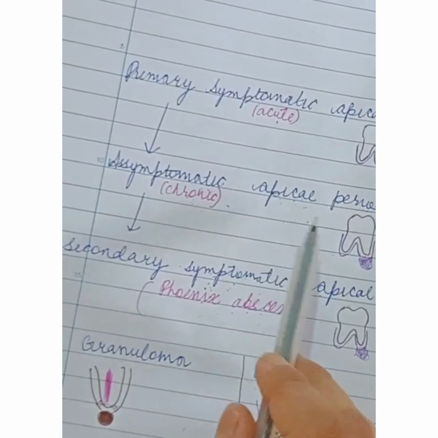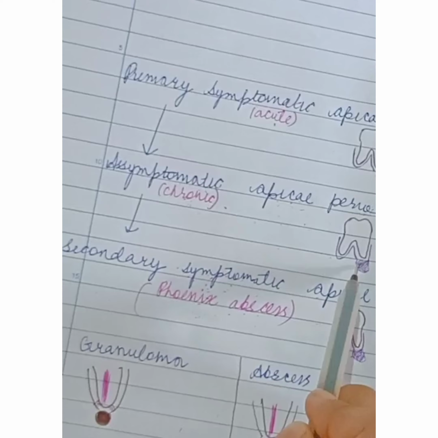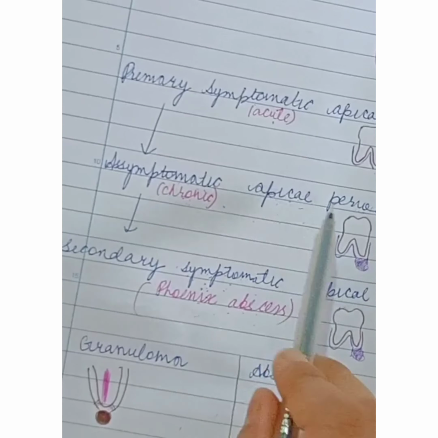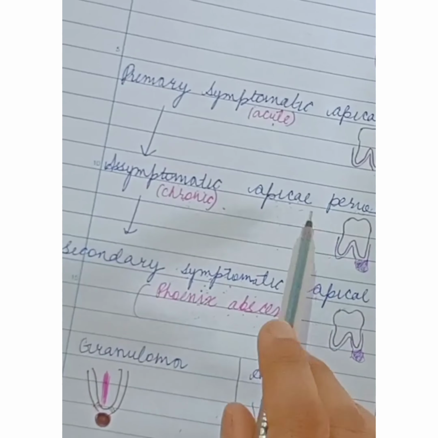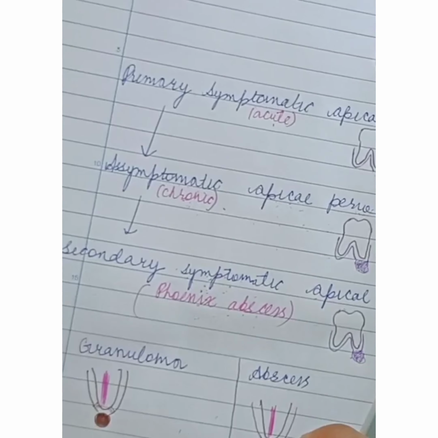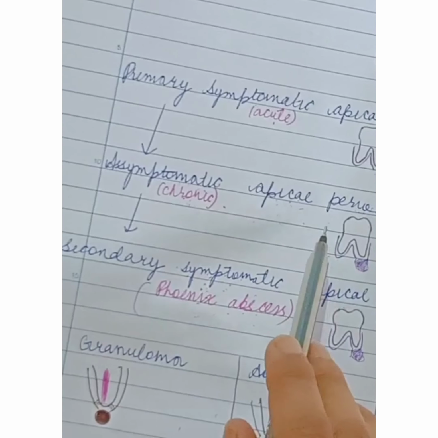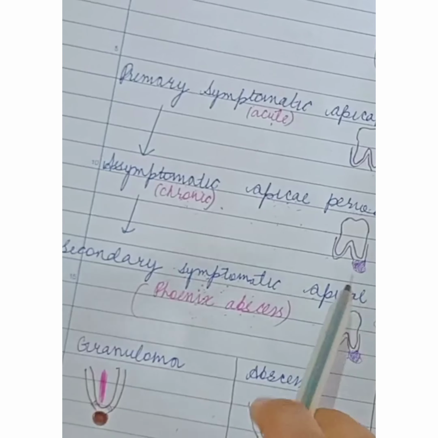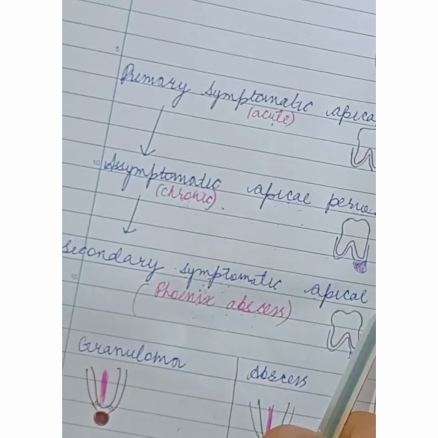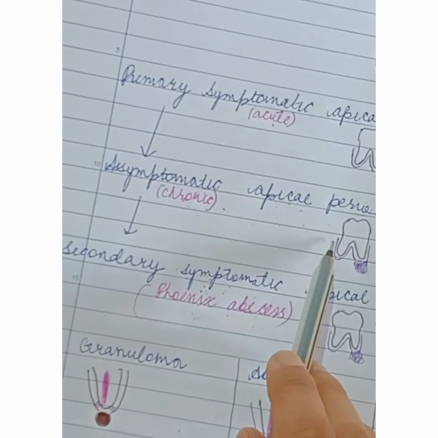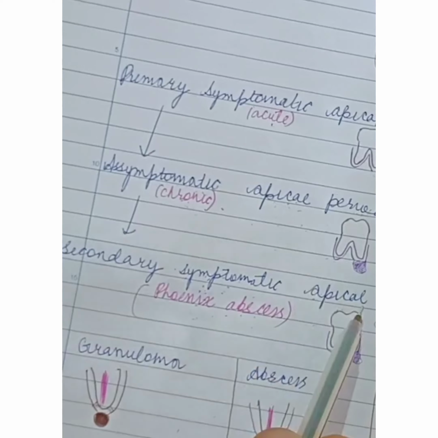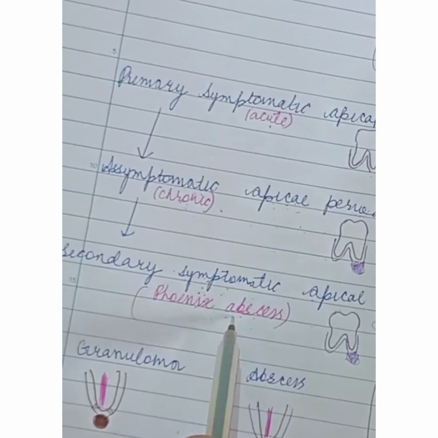This was an asymptomatic tooth and there was a periradicular radiolucency. Now, after initiation of the root canal treatment, the tooth becomes symptomatic or TOP becomes positive. So this condition, where the asymptomatic tooth has become a symptomatic tooth because of the initiation of the root canal therapy, is an indication of the development of the phoenix abscess.